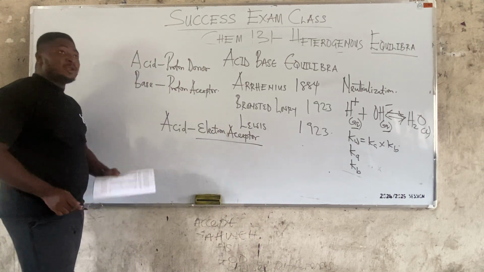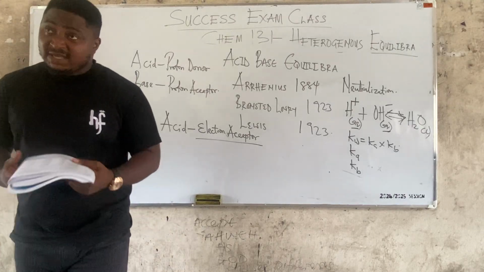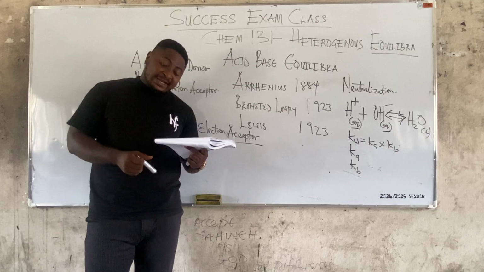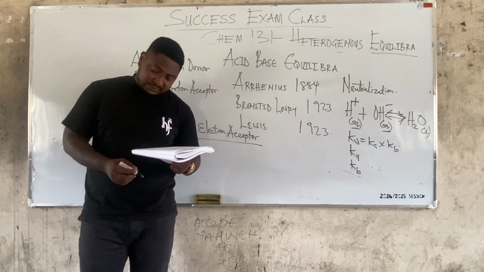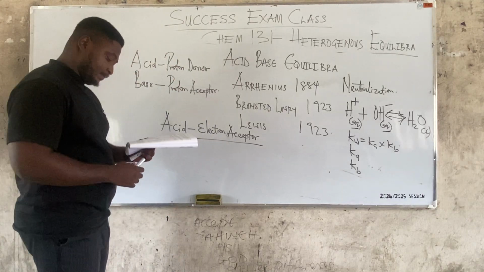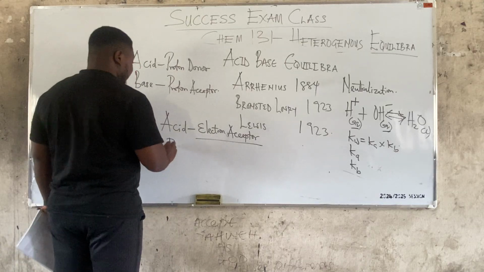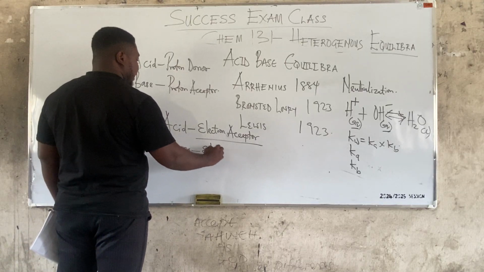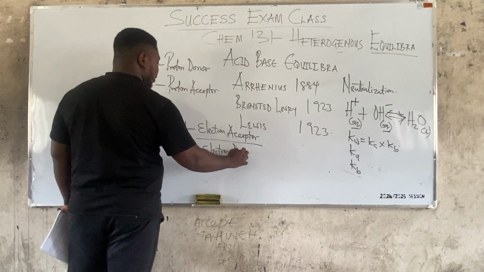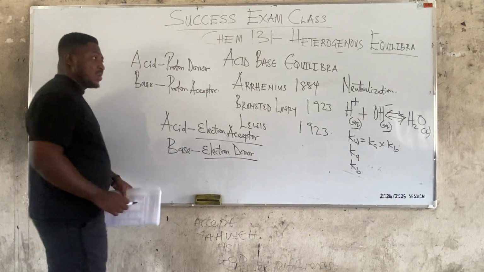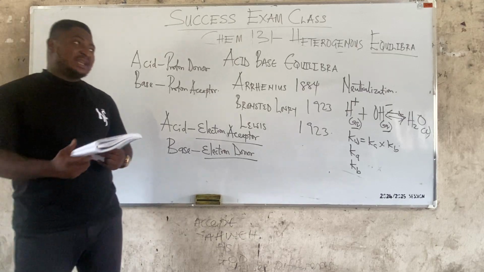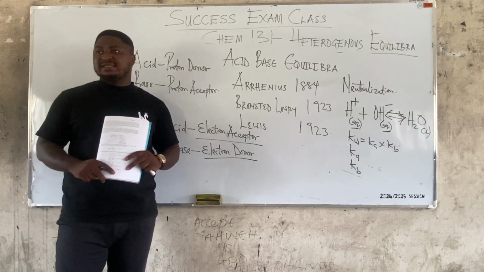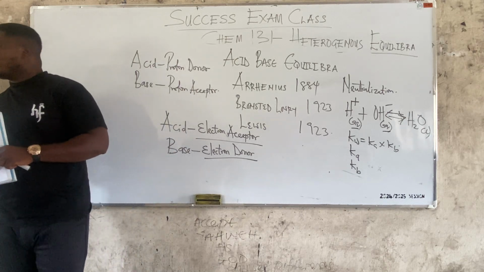A base is any substance that can donate a lone pair of electrons. Base: any substance that can donate a lone pair of what? Electrons. Electron donor. So an acid is an electron acceptor, and a base is an electron donor.